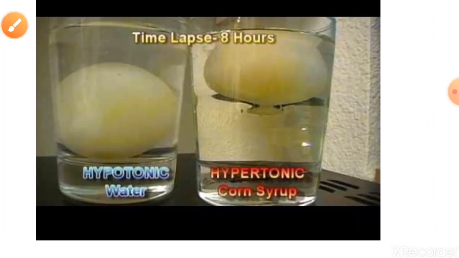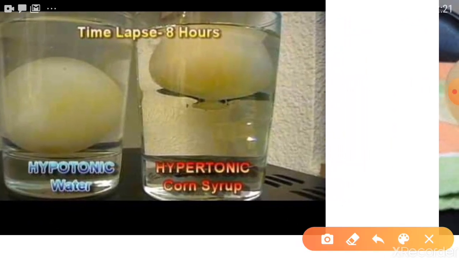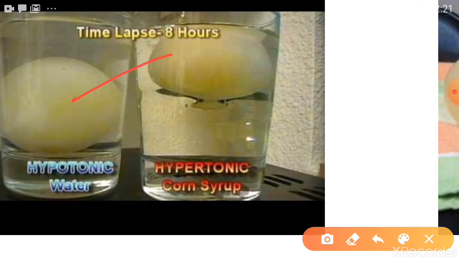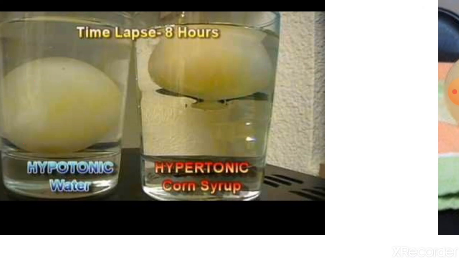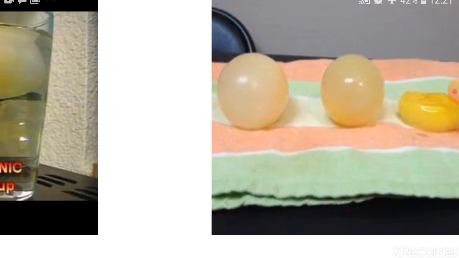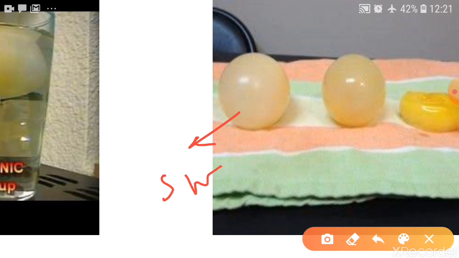Look here, in the first setup the egg is placed in water, which serves as a hypotonic solution, about which you will be learning. It's a solution whose water concentration is much higher than the inner content. So water enters through the thin membrane which holds the inner content by endosmosis, and as a result the egg swells.